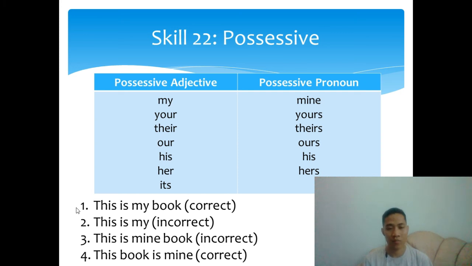That's why there's a problem. Number three is incorrect. Why? Because this is mine book. Mine is a possessive pronoun. We cannot use a noun after mine. Number four is correct. This book is mine. Mine is a possessive pronoun, and there's no noun after mine. That's why number four is correct.